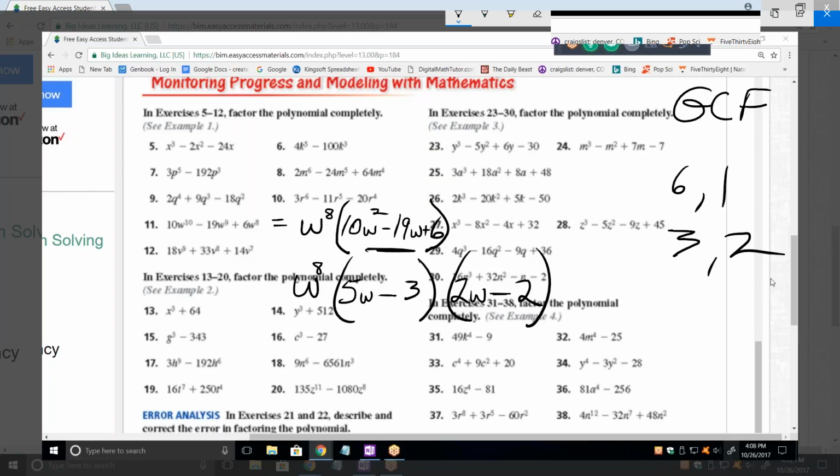What does that produce for a middle term? 6W, or negative 6W. Okay. And remember, the middle term always comes from both of those added together. Right, and then 2 times what is 10, negative 10, so that's not it. Okay, so that's not the answer.